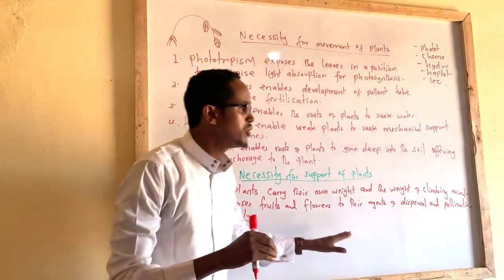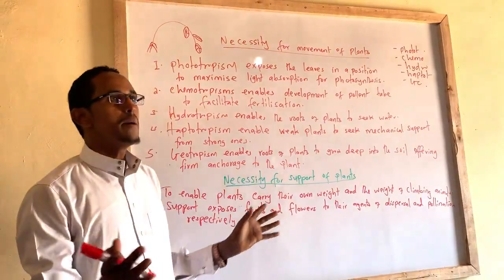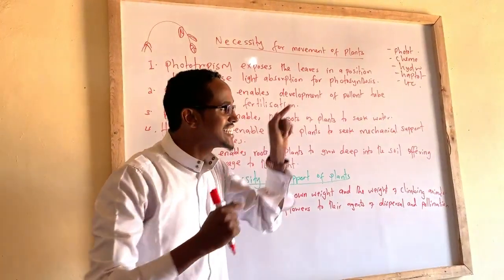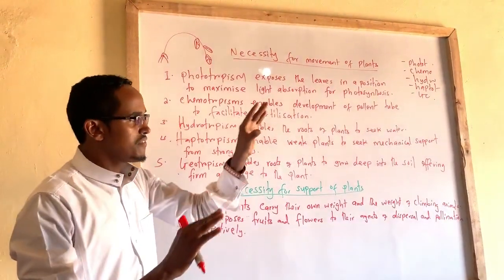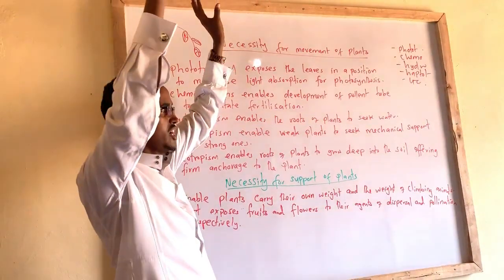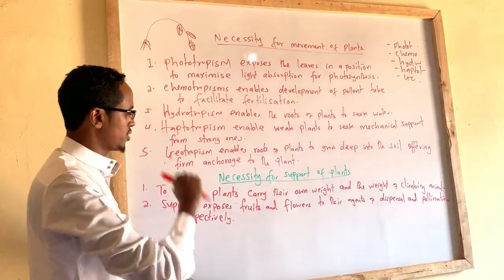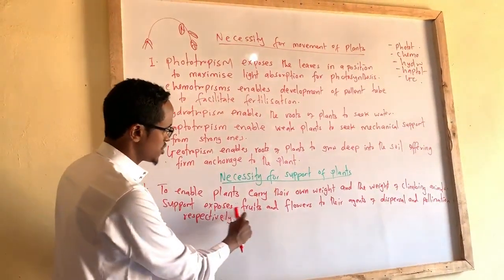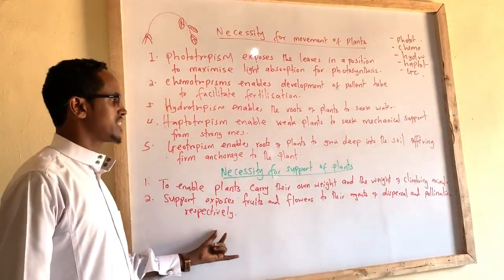For pollination or dispersal to occur, the agents must notice and see that there is a flower there, so that they can move. So the flowers and fruits are held up in an elevated position by the support that the plant has. Support exposes fruits and flowers to the agents of dispersal and pollination respectively.